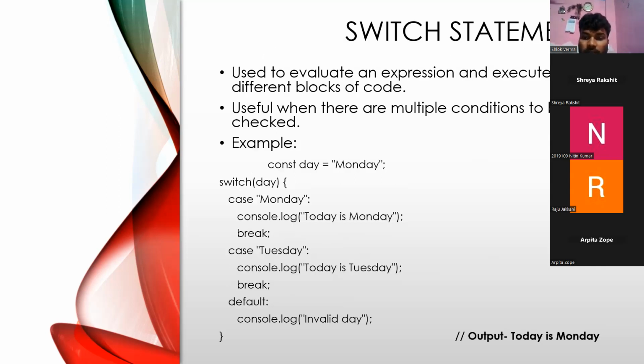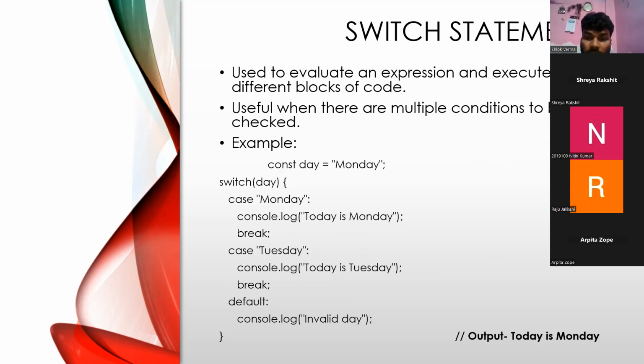So now the last one is switch case. If there are multiple conditions to be checked and we don't want to write if else conditions again and again, we use switch statements. It is used to evaluate an expression and execute different blocks of code depending on the value of the expression, handle user input, perform calculations, and implement control flow.